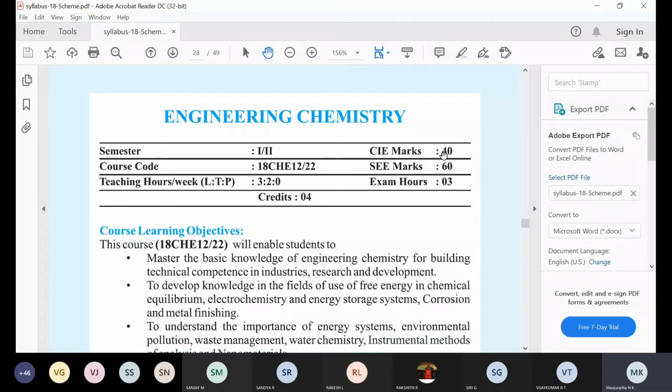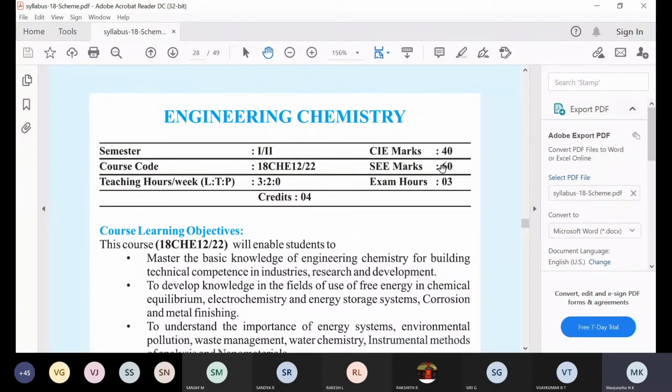Whatever marks you score out of 50 in the 3 internal tests are reduced to 30 marks. After that, we are giving 3 assignments, each consisting of 10 marks. We are going to take the average of that for 10 marks. In total, we allot 40 marks by taking 30 marks from internal tests and 10 marks from assignments. This you already know because you have already completed the first semester.